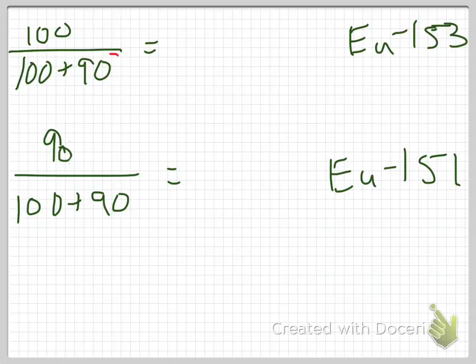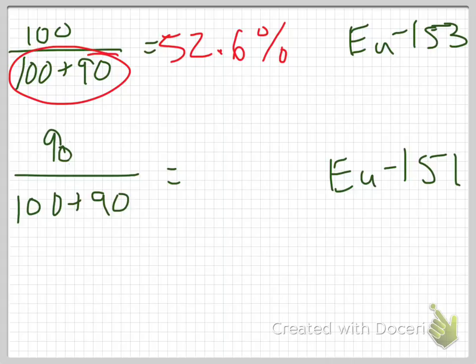If we have a total of 100 plus 90, because those are the percent abundances from the mass spec, 100 out of that was europium-153, which means that about 52.6% of all of the europium atoms will have a mass of 153.